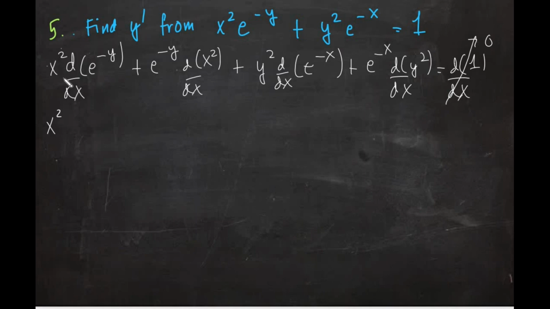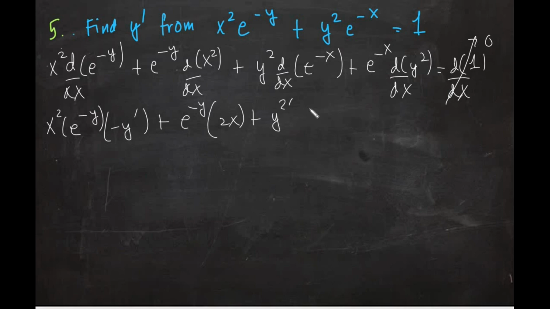So next step, we have x squared, the derivative of e raised to negative y would be e raised to negative y, then the derivative of negative y is negative y prime, plus e raised to negative y times 2x, the derivative of x squared, plus y squared. Then we'll have here negative e raised to negative x plus e raised to negative x times 2y prime is equal to 0.